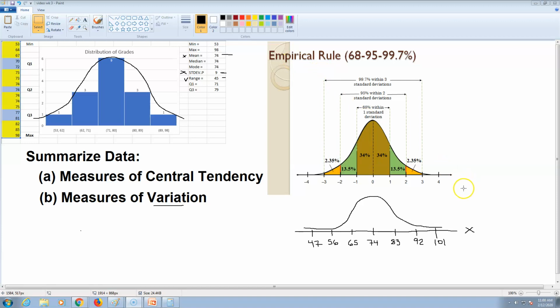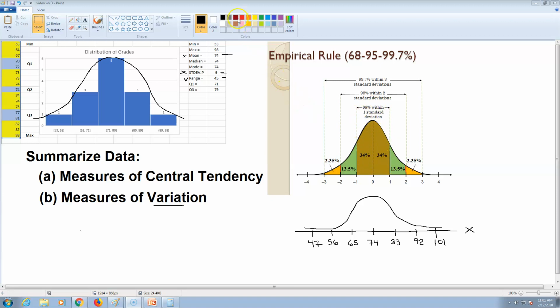The empirical rule tells me percent-wise how many of the numbers in the data set are in between certain values of this bell-shaped curve. For example, the empirical rule says that anything that is one standard deviation to the right or to the left of the mean, which is the middle, is going to be 68% of the data.